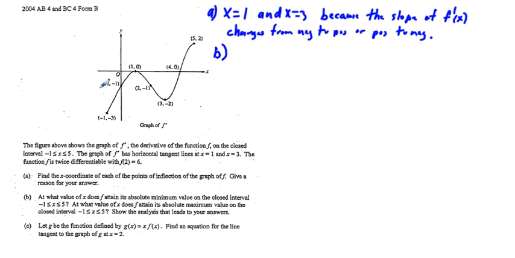What's happening is that we're starting at x equals -1, and the function is decreasing from there, all the way to x equals 1, where at that very instant the function stops decreasing, but then continues to decrease all the way to 4.